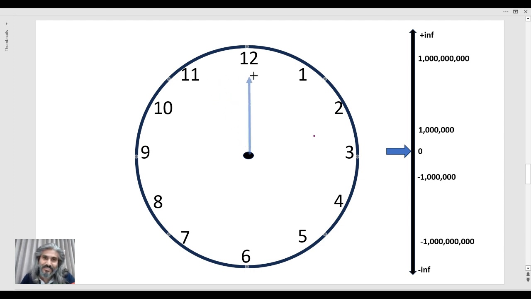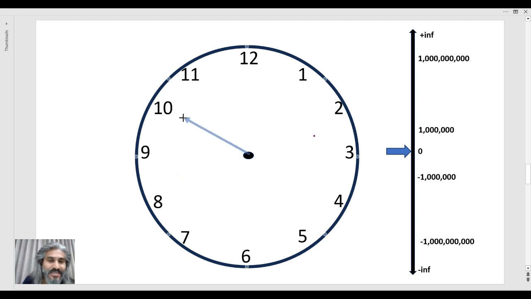So 12 minus 3 is 9. Let's do this one more time. It's fun. 1, 2, 3, 4, 5, 6, 7, 8, 9. So we have two ways to do subtraction when we are wrapping around. This whole wrapping around is called modular arithmetic, but wrapping around is also okay, right?